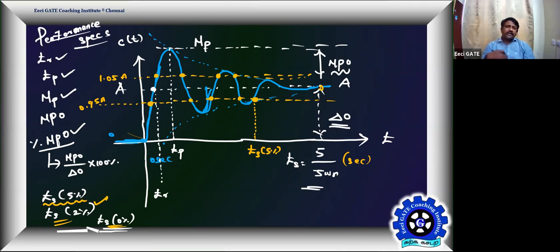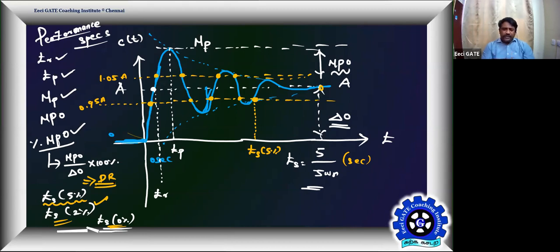We'll first deduce rise time, followed by peak time, then maximum peak at this point and maximum peak overshoot at the same point, and then the percentage overshoot experienced by this underdamped system. Then settling times for 5% band and 2% band. We'll also find out one more performance spec, called decay ratio, how quickly the response decays and settles to the final value, that is shortly denoted by DR.